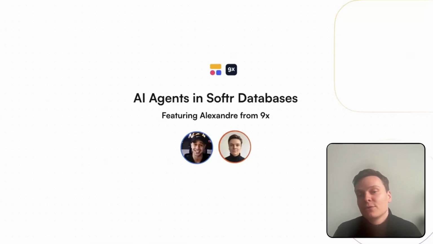It comes originally from the no-code space, but is also slowly moving towards becoming an AI platform. And today we are going to discuss and show you one of, for me, the most exciting features released this year by Softr, which are AI agents in Softr databases.